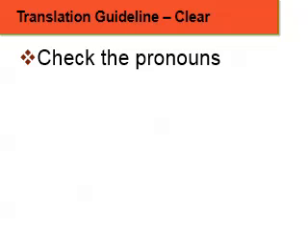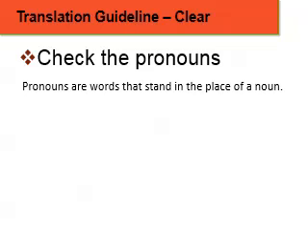Let us start with check the pronouns. You will need to check the pronouns in the source text and make it clear to whom or what each pronoun refers. Pronouns are words that stand in the place of a noun or a noun phrase. They refer back to something that has already been mentioned.